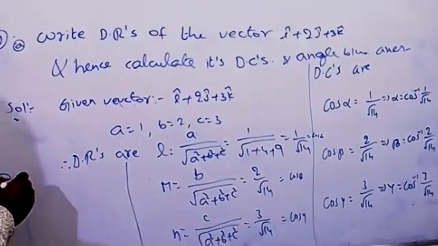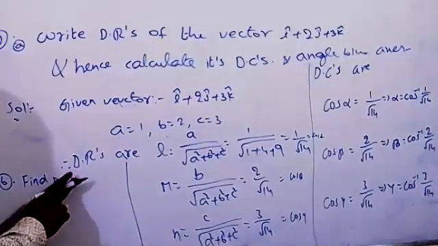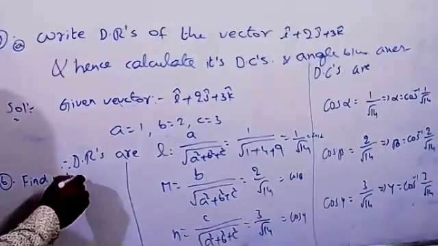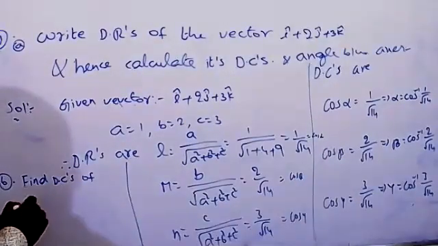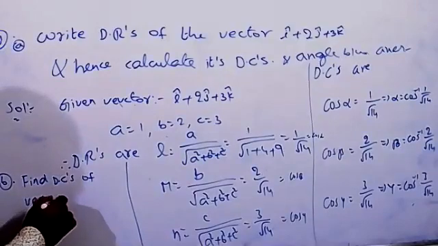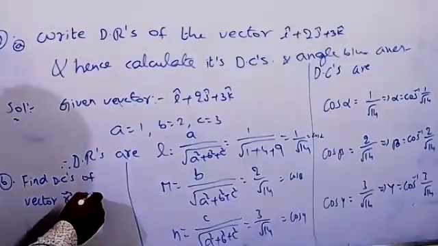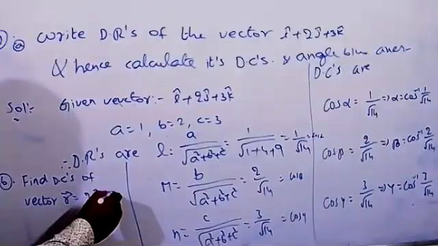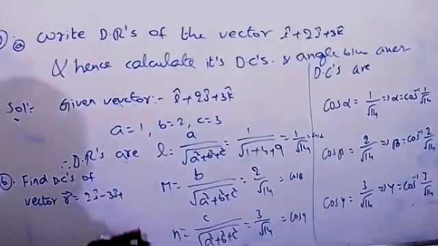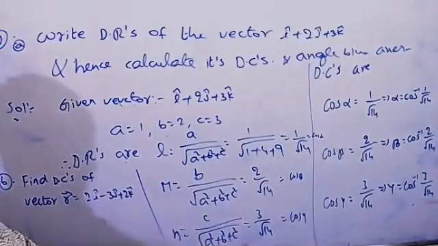Find the direction cosines of the vector r bar equal to 2i minus 3j plus 2k.